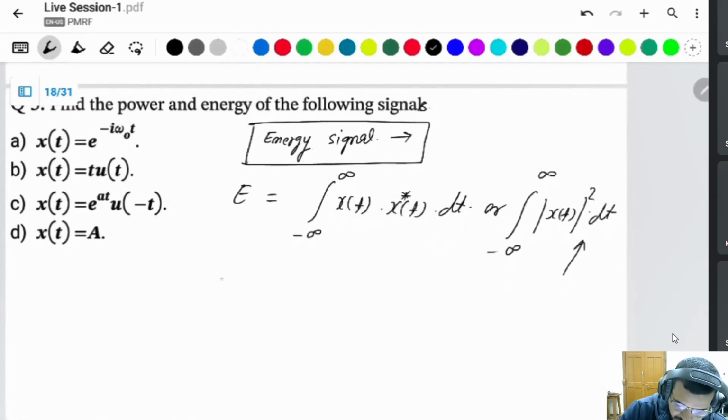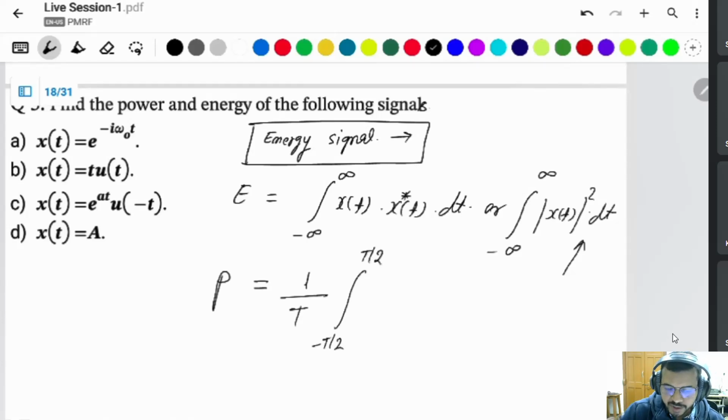For the power calculation, a periodic signal is a power signal, and you can calculate the power for one period only, not for the whole time, so from minus T by 2 to T by 2.